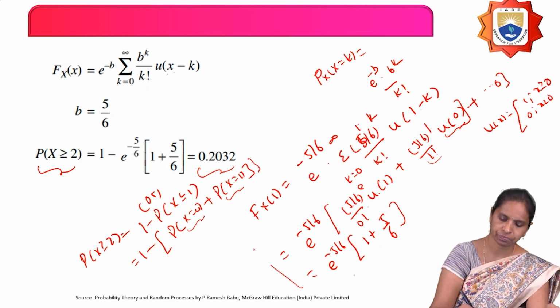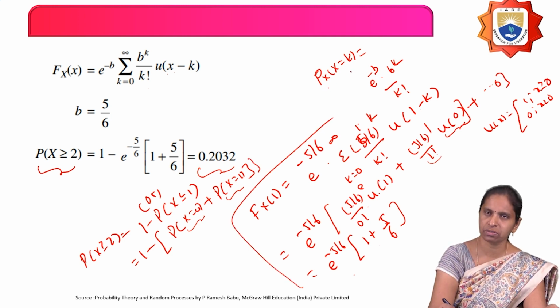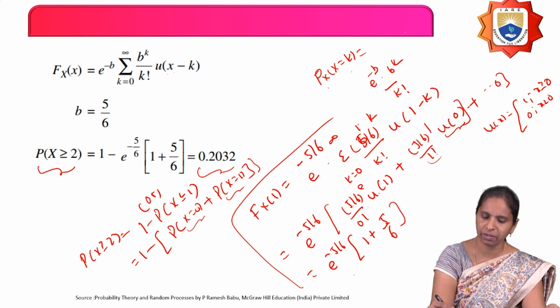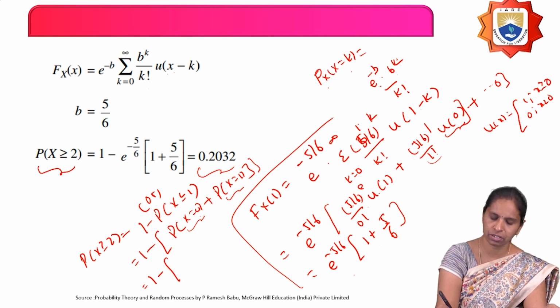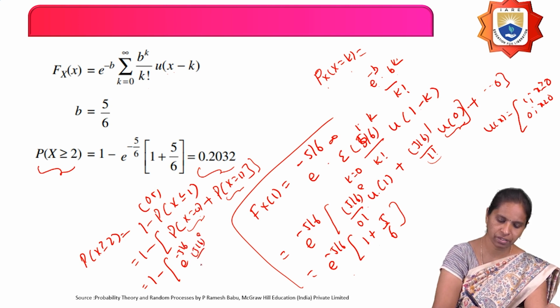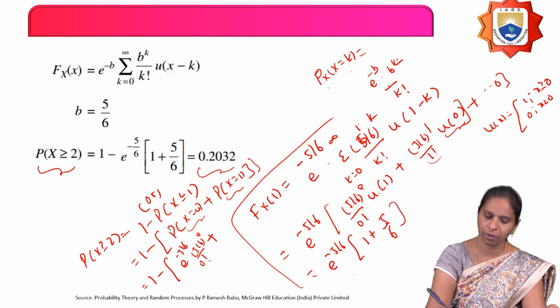Then what is P of x equals k for a Poisson random variable? e power minus b, b power k by k factorial. That equals 1 minus, what is k here? 0. And what is b here? 5 by 6. So 5 by 6 power 0 by 0 factorial plus P of x equals 1.